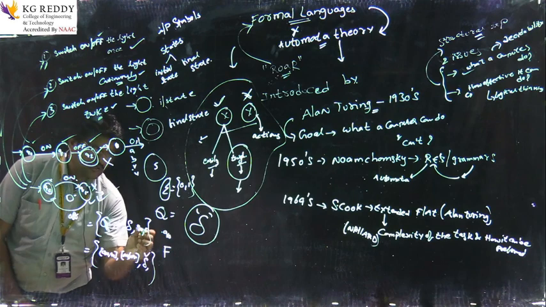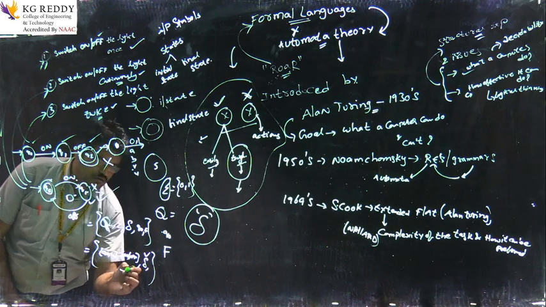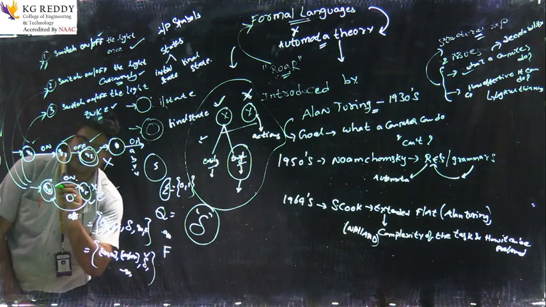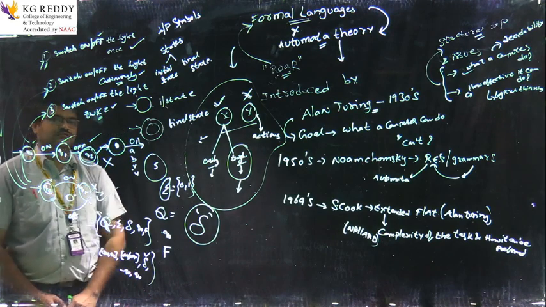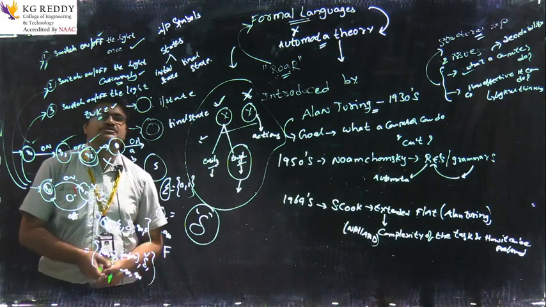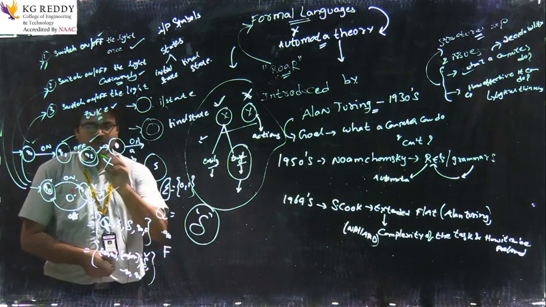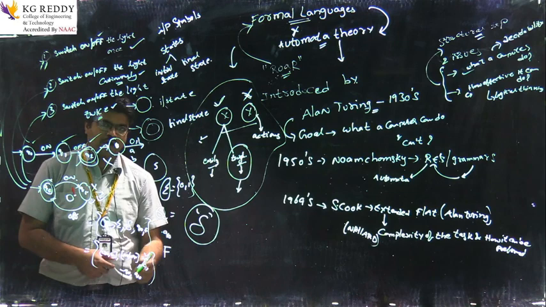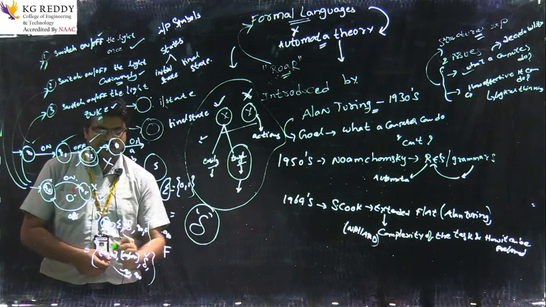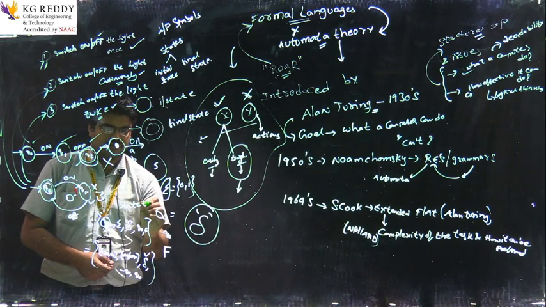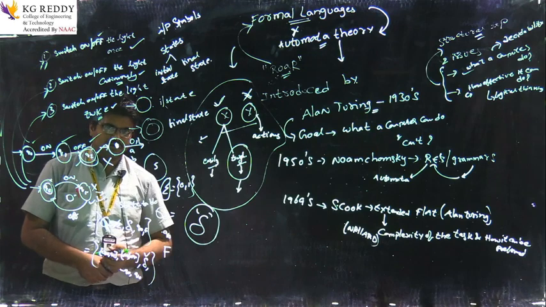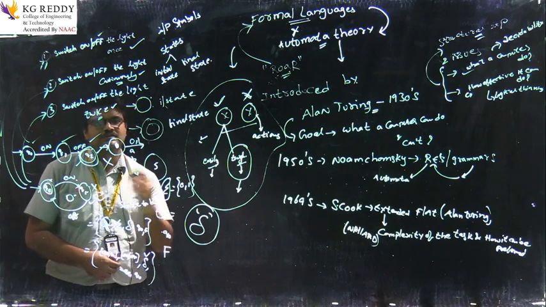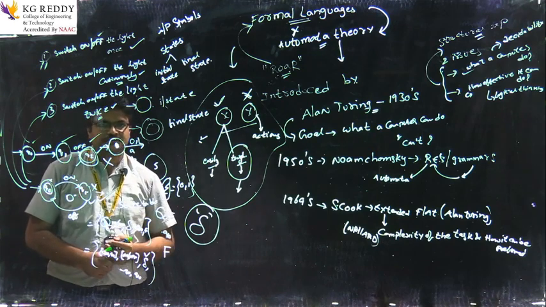And what is the initial state? Q naught, and the final state, here double circle, this is also a final state, initial state and final state. This is the information. If you have a diagram, you can easily draw a state table, a state diagram and a tuple. If you have any one piece of information, you can design the other two easily.